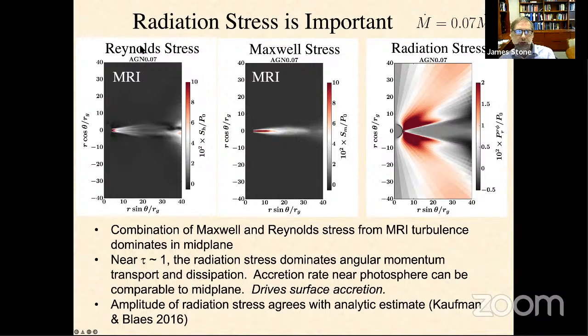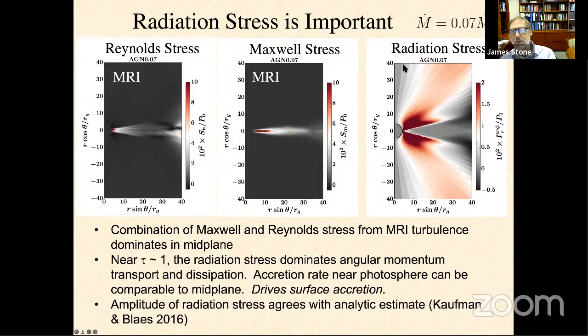The Reynolds stress, that's the fluid stress due to non-axisymmetric velocity fluctuations in the flow. There's the Maxwell stress due to magnetic torques on the flow, that's produced by the MRI.